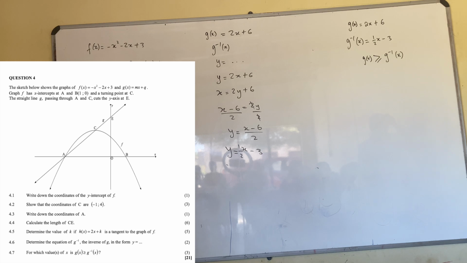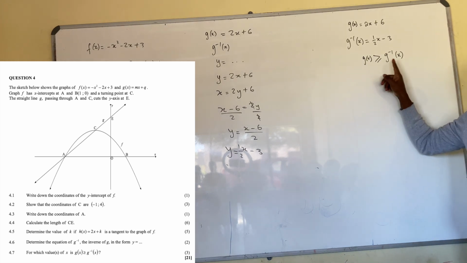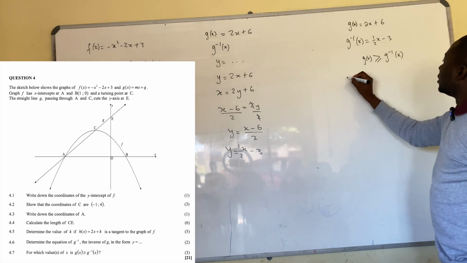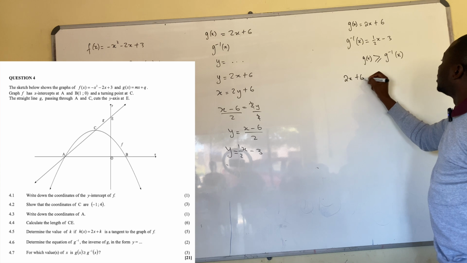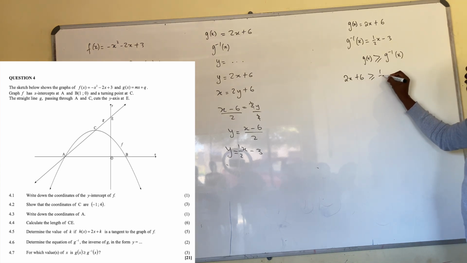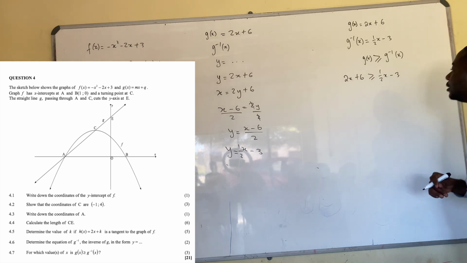We just put g of x here and the inverse of g of x there. That's what we do, isn't it? So it's 2x plus 6, that's g of x, greater or equal to half x minus 3. And we collect like terms.